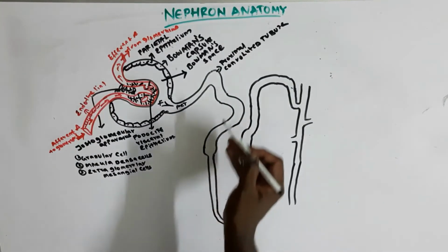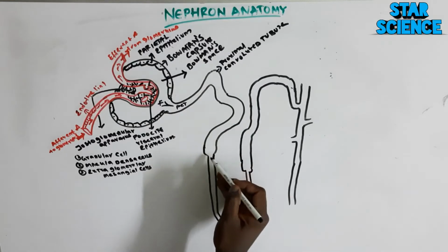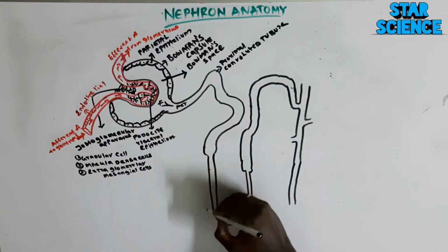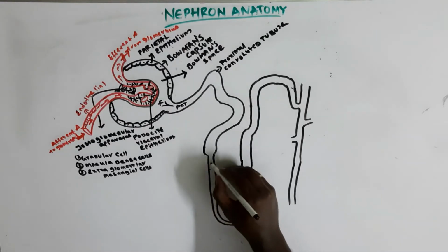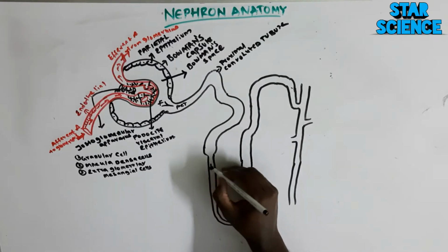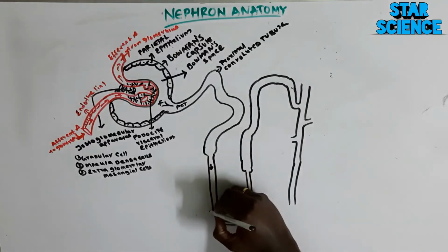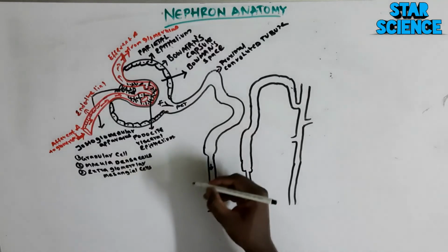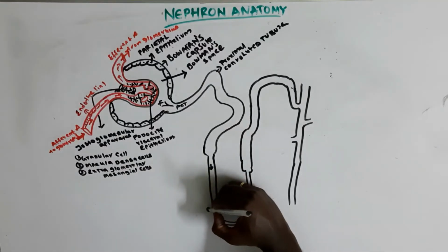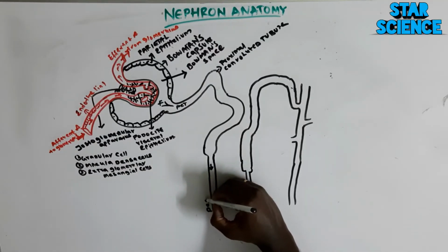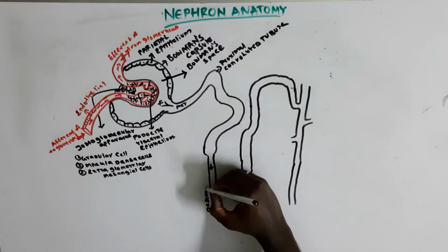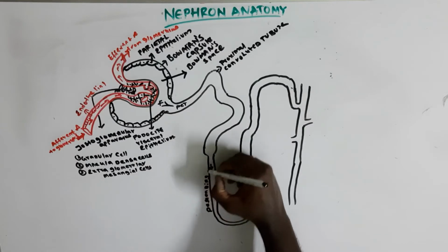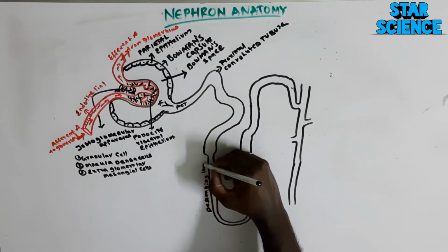This part till here is almost the PCT, and from here it is called the descending loop of Henle. Whenever we see the descending loop of Henle, it will be thin, a thin pipe. So when you draw a diagram in your exams or anywhere, you have to draw the PCT wider, and when it comes to the loop of Henle, it should be thinner.